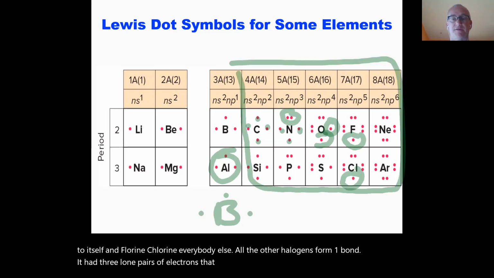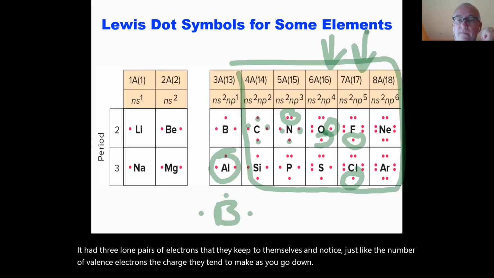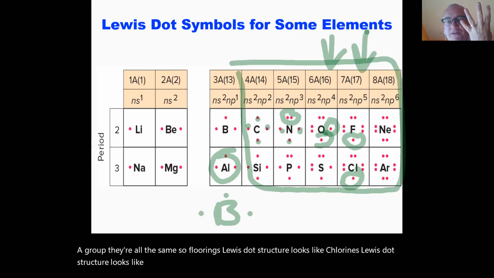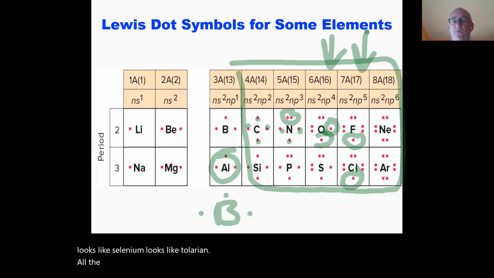And fluorine, chlorine, everybody else, all the other halogens form 1 bond and have 3 lone pairs of electrons that they keep to themselves. And notice, just like the number of valence electrons, the charge they tend to make, as you go down a group, they're all the same. So fluorine's Lewis dot structure looks like chlorine's, looks like bromine's, looks like iodine's, they're all the same. Oxygen's looks like sulfur's, looks like selenium's, looks like tellurium's, all the same because they're in the same group.